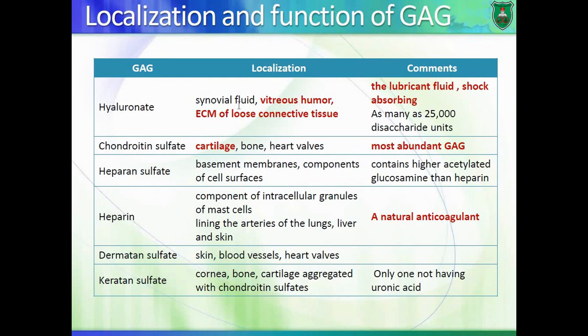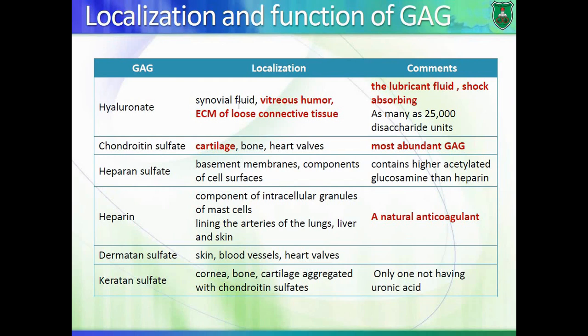Heparin, as you know earlier, I'm sure, acts as a natural anticoagulant and is present in different types of cells like mast cells. Dermatan sulfate is present in dermatan, so this means that it's present in skin. It's also present in blood vessels as well as heart valves. Keratan sulfate is present in cornea, bone, cartilage, etc.